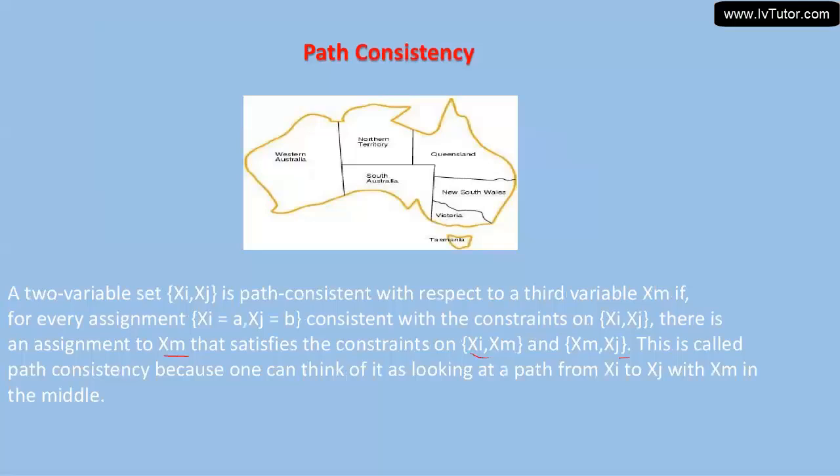What they're saying is, if you assign to x and you assign to y, these two assignments should ensure that z has something. This is related to this, and this is related to this.